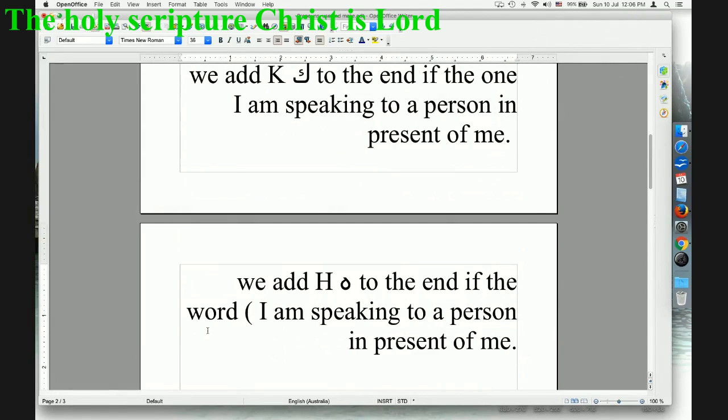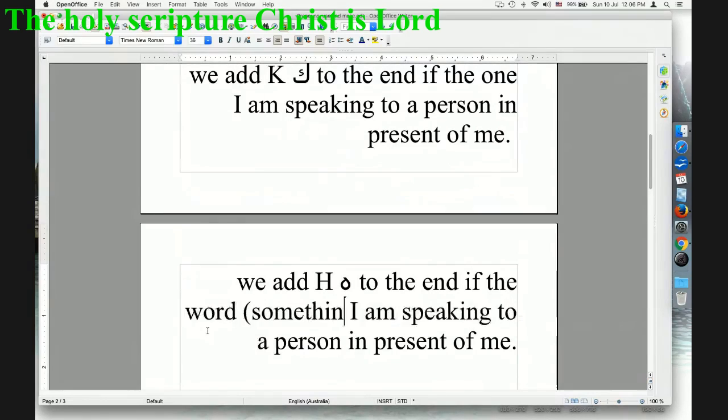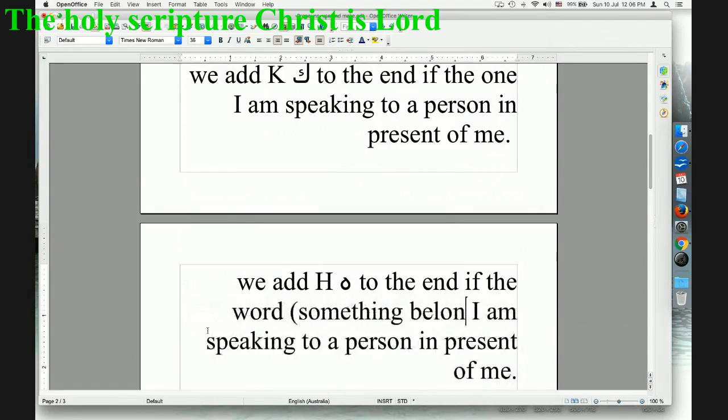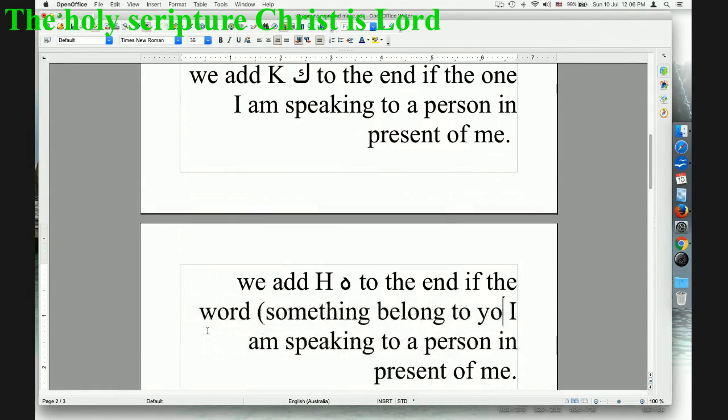Let us say, to make it simple, when I say a word, I mean the name of an object. I'm speaking to you about an object, correct? I'm not speaking to you about you. I'm speaking about an object belonging to you. So the word here represents an object, and this object belongs to you. So I add the ha or the h to the end of the word, which is something belonging to him.